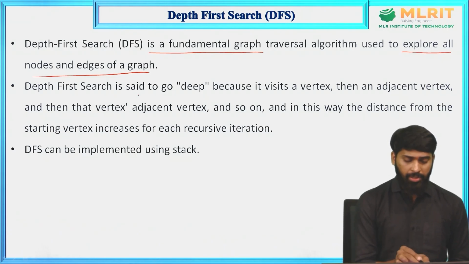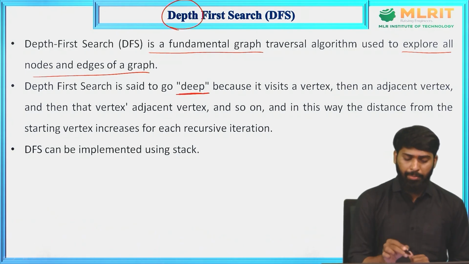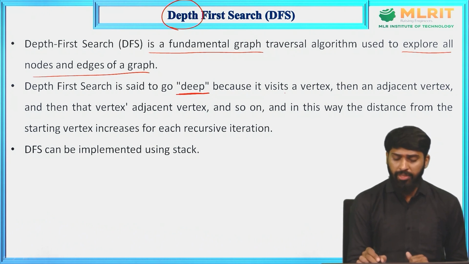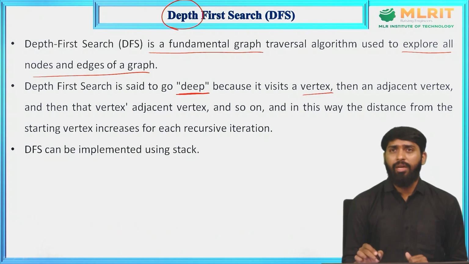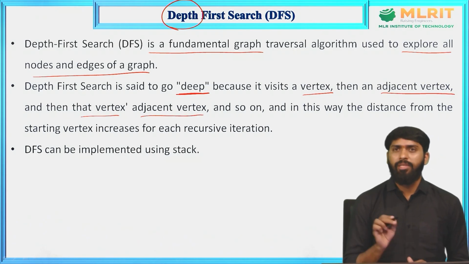Depth first search is said to go deep. Here we are using depth. So why depth? Here we are going to go deep because it visits a vertex, then an adjacent vertex, and then the adjacent vertex, and so on.